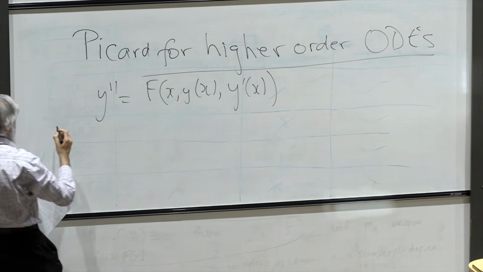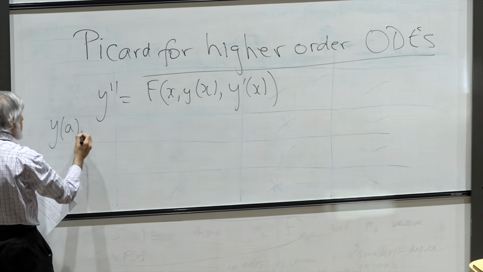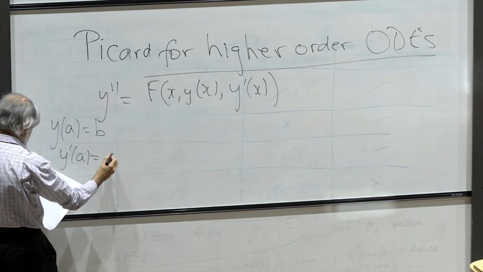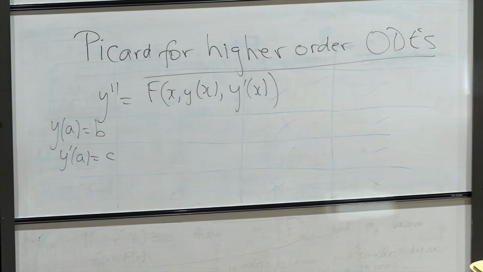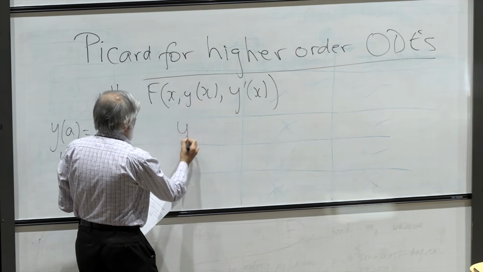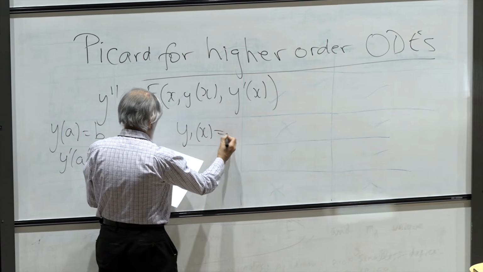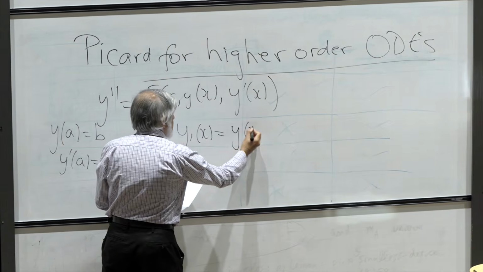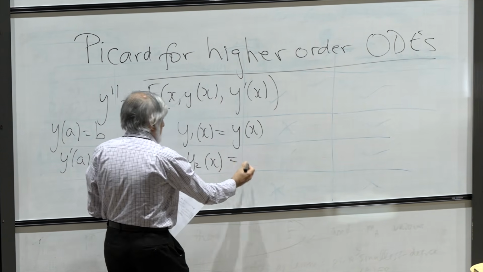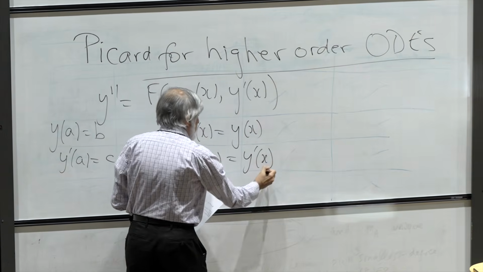Then we're going to have y of a equals b, y dashed of a equals c. Then all we do is we set y1 of x to be y, and y2 of x to be y dashed of x.